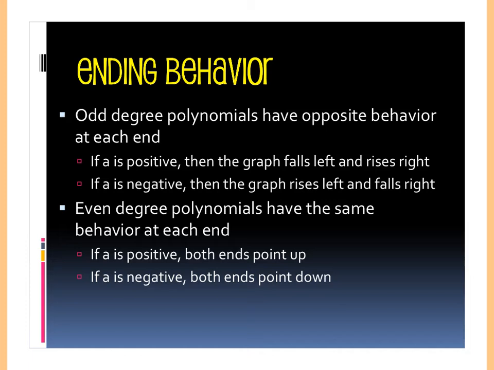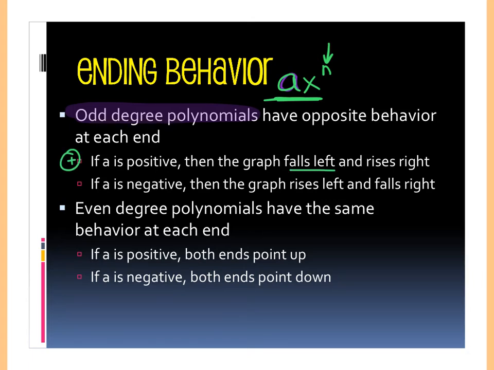This says that exact same thing. For an odd degree polynomial, they have opposite behavior at the end. If a is positive, so this is a x to the n, that's the term we look at. If my n is odd and my a is positive, then it falls left and rises right.